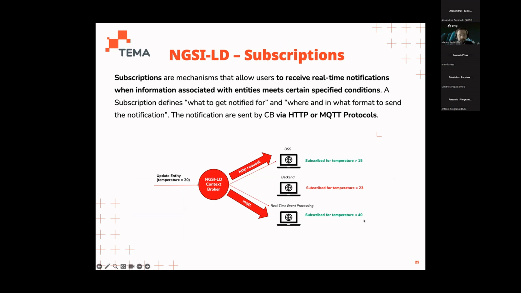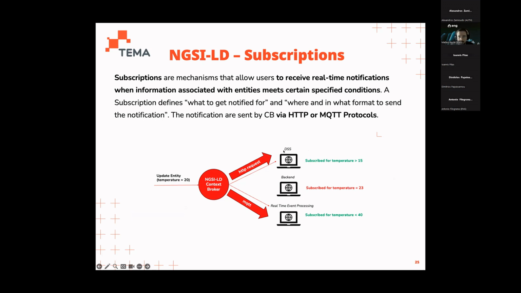For example, in this case, I ask the NGSI-LD context broker, please notify me if the temperature attribute of an entity, so all the entities that have the temperature attribute in the data, is equal to 20. And when this happens, for example, when I update an entity by changing the temperature value to 20, then the NGSI-LD context broker will notify the subscribed clients.